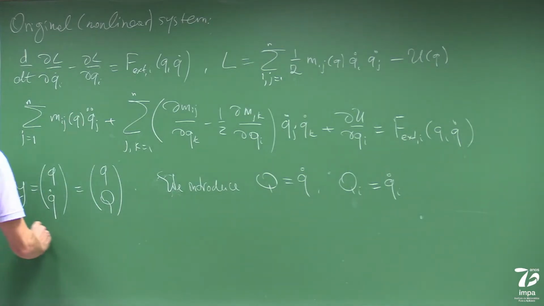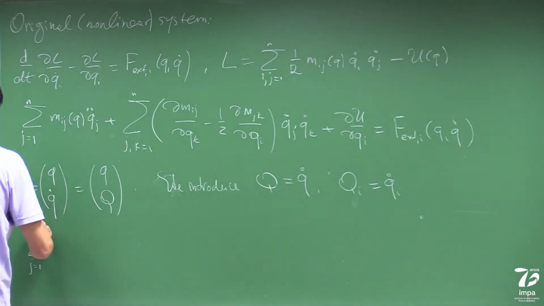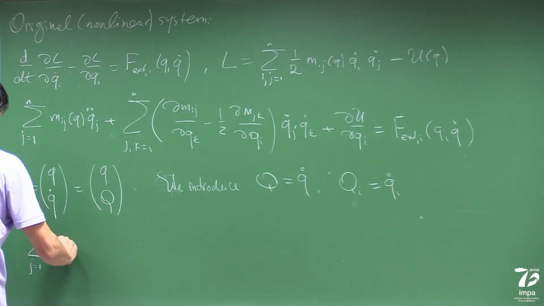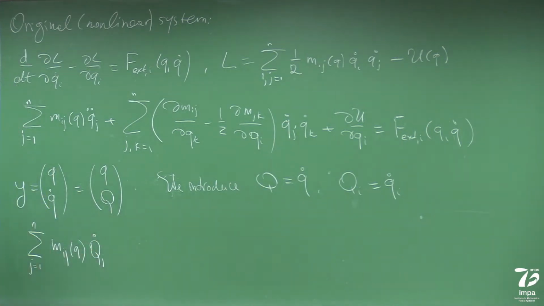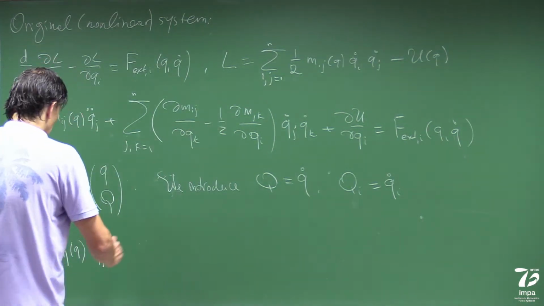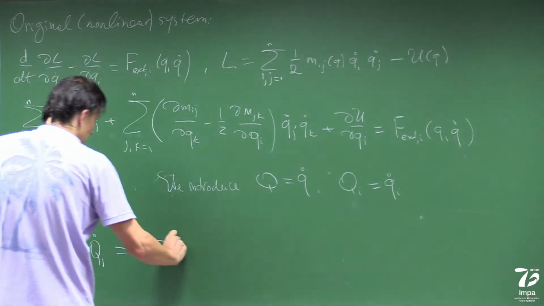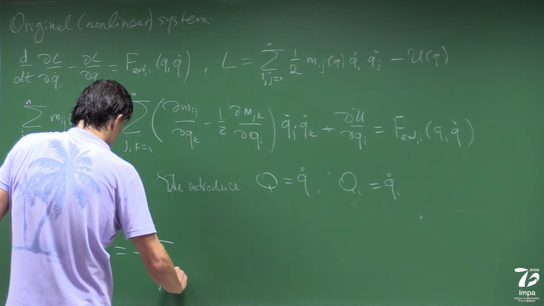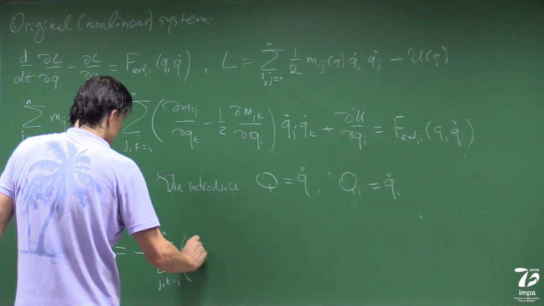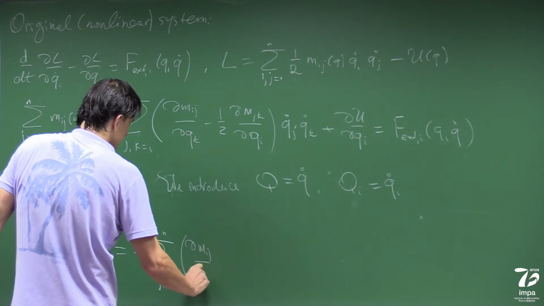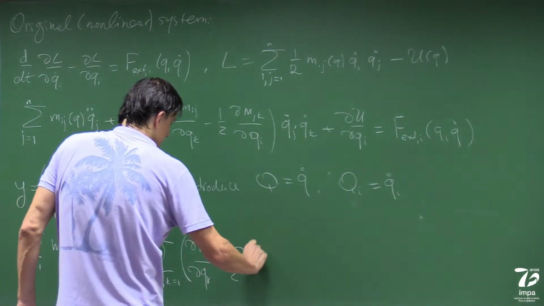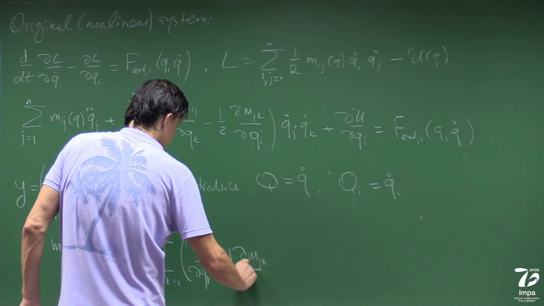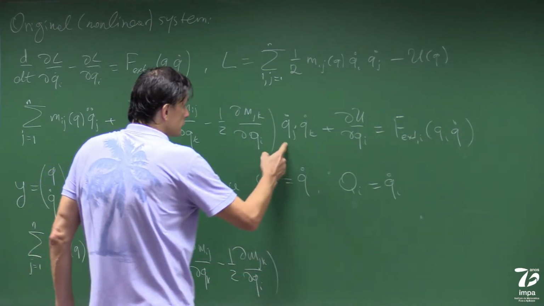We can write this equation as the sum over j from 1 to n of m_ij(q) times the first derivative of Q. And then let me put everything to the left hand side, minus the sum, and these are Q capitals.